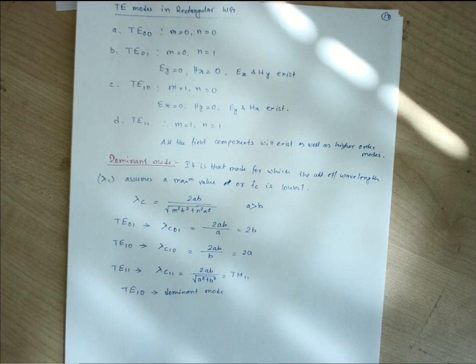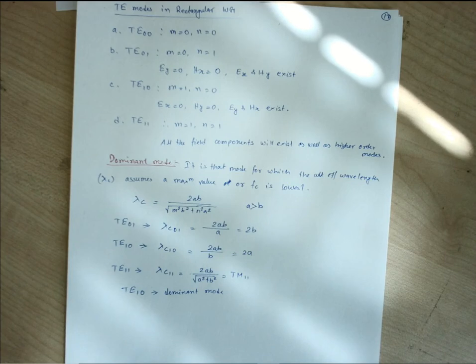Why? Because this mode will produce the highest cutoff wavelength. Highest cutoff wavelength means if the waveguide is operated on this mode, then the frequency component which can be supported by the waveguide can have the lowest value.